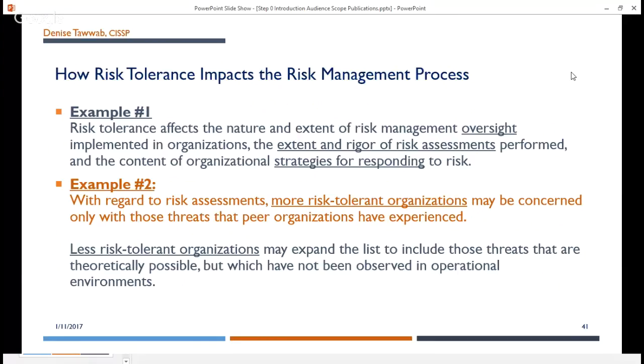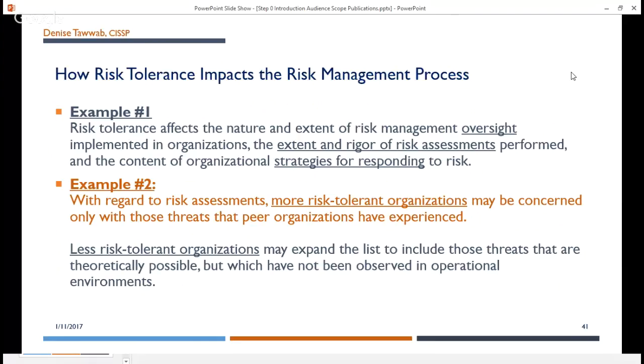Example 2, with regard to risk assessments, more risk tolerant organizations may be concerned only with those threats that peer organizations have experienced. So we're not really worried about all threats. We're just going to manage the threats that our peers in the business have faced, the known threats. We know that exists. We've heard about it. It's hit somebody else. So we're going to take action to respond to that threat. But we're more risk tolerant, so we don't have to be as anxious and stringent about how we manage risk.